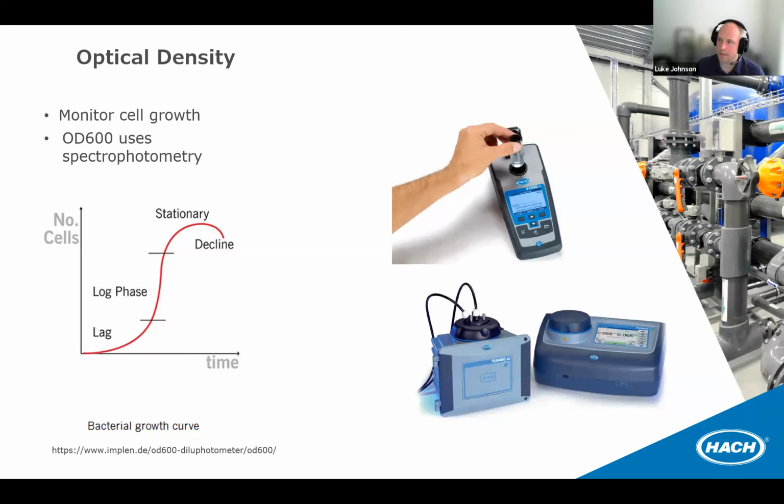So you can monitor your cell growth with turbidity just to see when you're at a certain point on your curve here. And OD 600 is the test that people are frequently using for that, which is actually a spectrophotometric method, but it's actually a better, more reliable measurement to use a nephelometer.